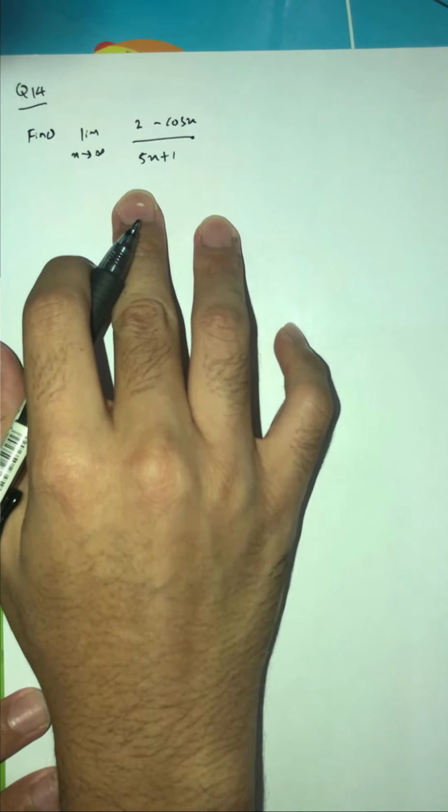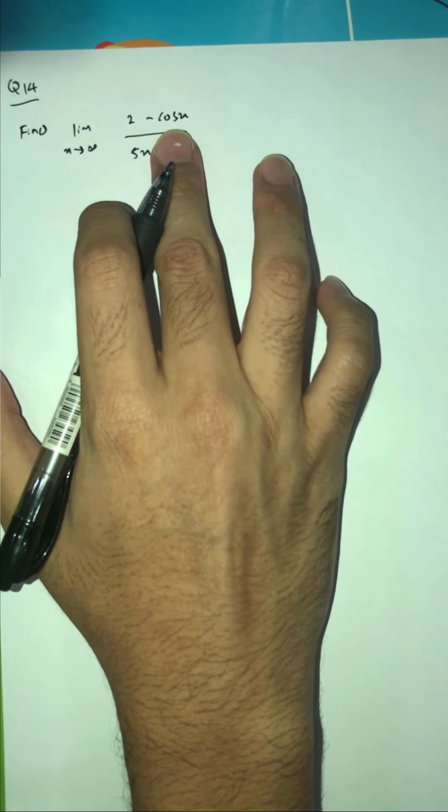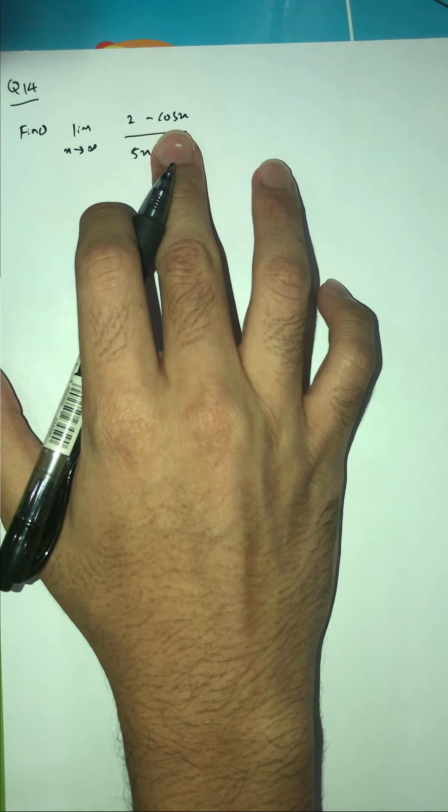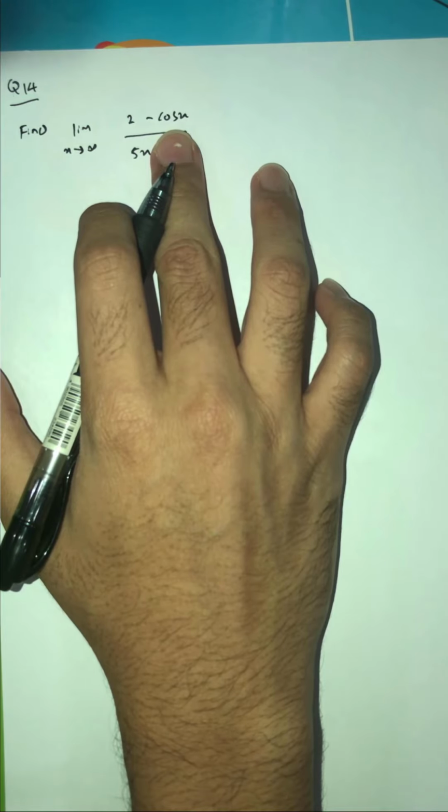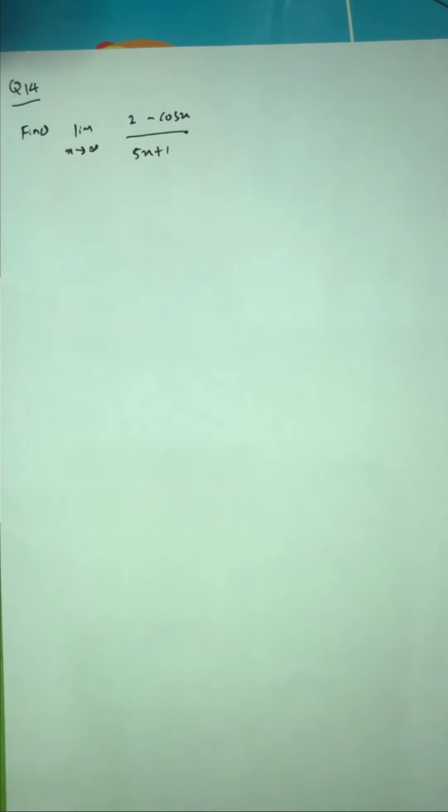Basically, in the squeeze theorem there are things that you need to remember. For example, if it is trigo, a trigo must be less than or equal to 1 and more than or equal to negative 1.